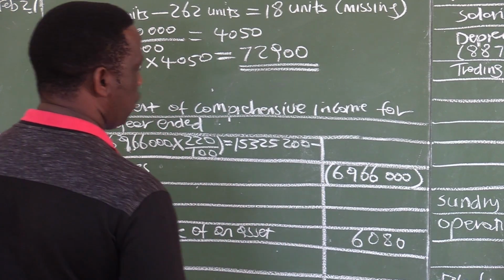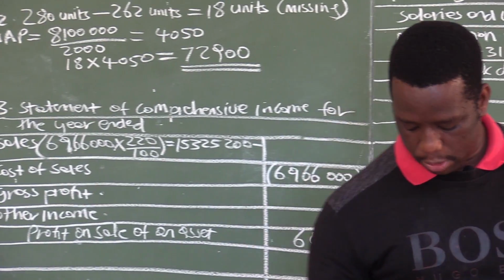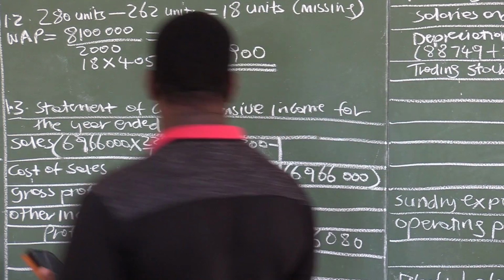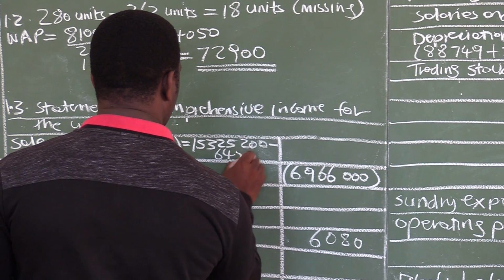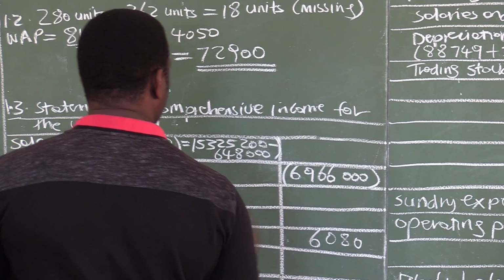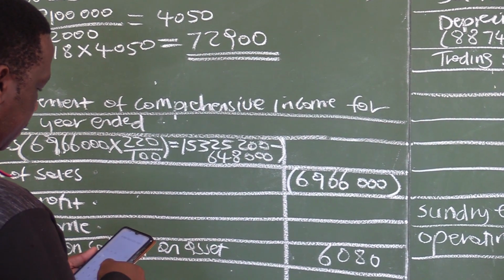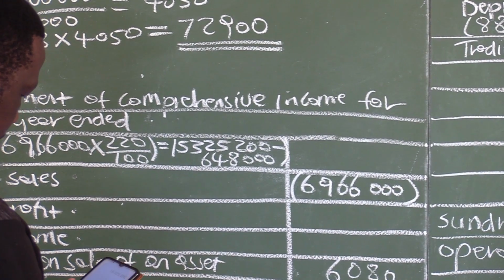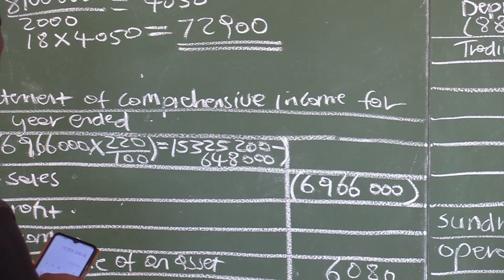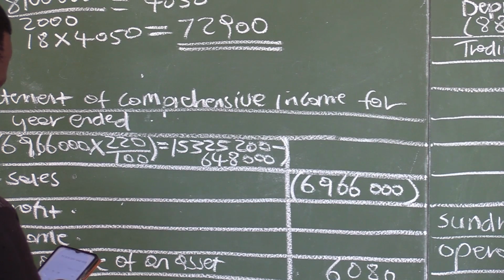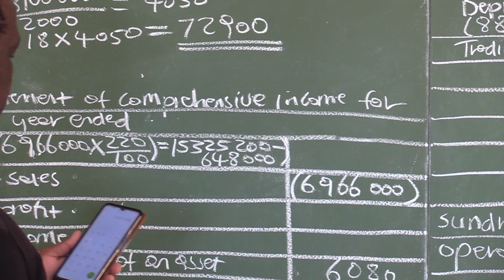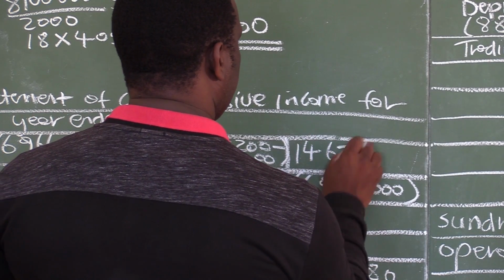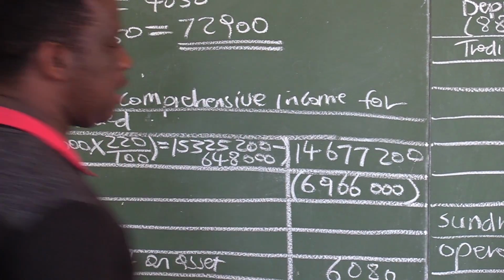Minus, remember the transaction told us that there were some special customers who were given discounts, so minus 648,000 discounts. That gives us 14,677,200. This is our sales.